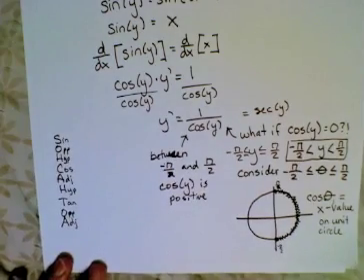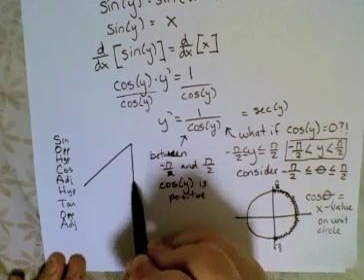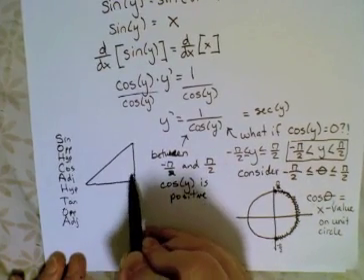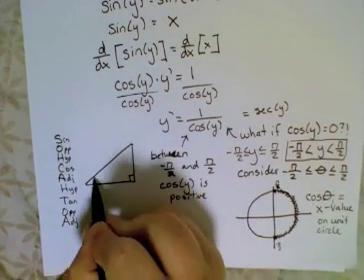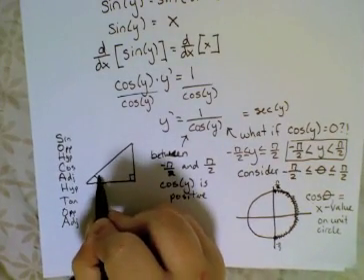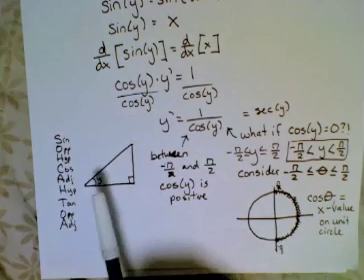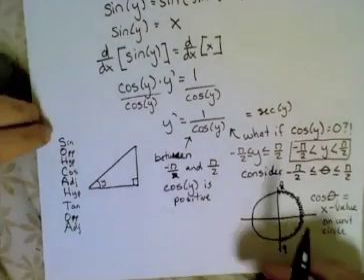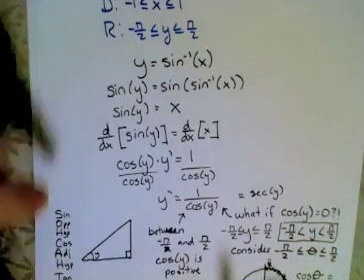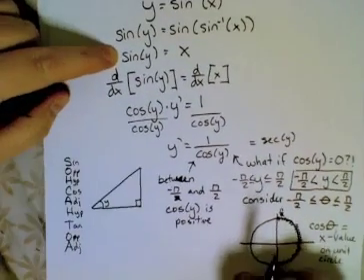And I'm going to draw a triangle and think about this. So this is some right triangle. And over here, this angle is going to be angle y, right? Because we're thinking about the cosine of some angle. I know way back up here, I said the sine of y is equal to x.